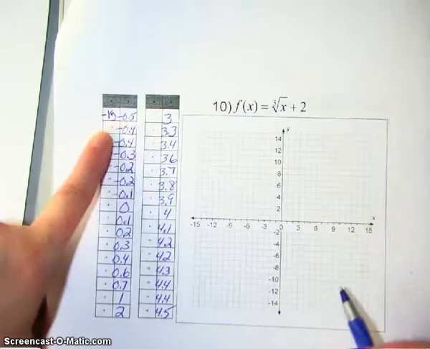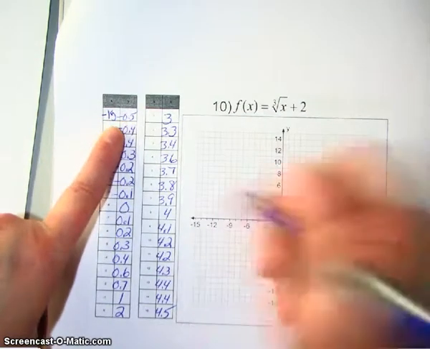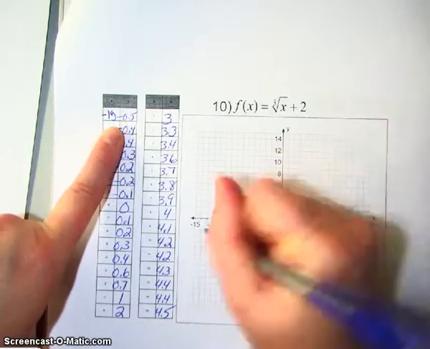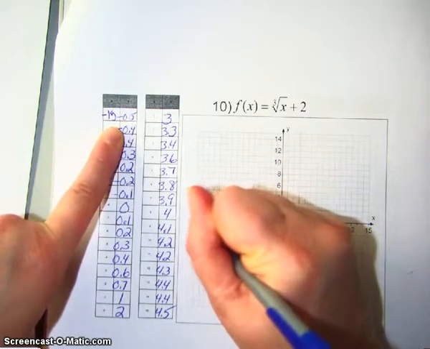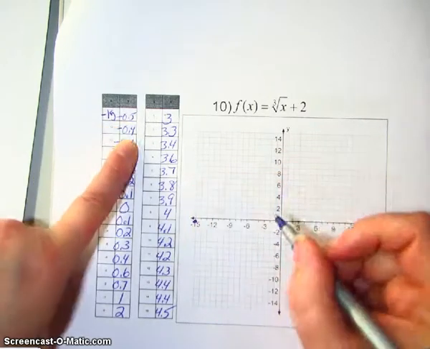So I'm going to graph these points. At negative 15, I've got negative 0.5. That's somewhere between negative 1 and 0.